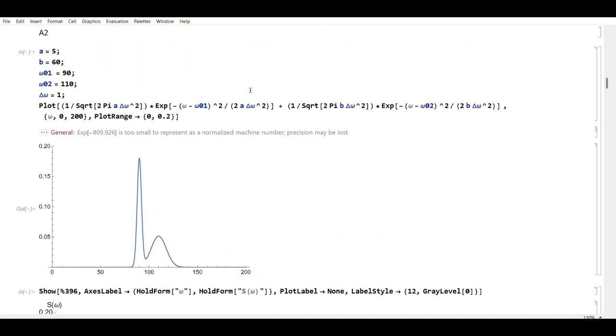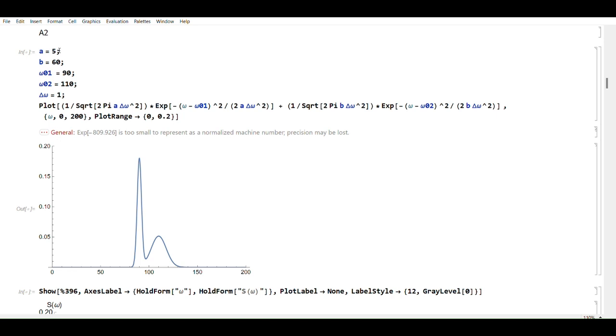Okay, so here I am in my Mathematica window, and these are some values that I have taken for A and B, which are the widths of the first and the second Gaussian profiles, and the expression for S omega, the spectral density.